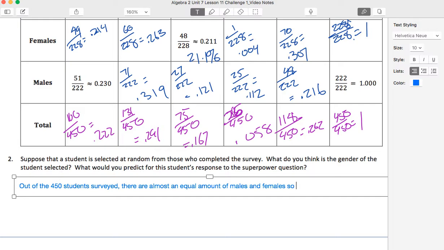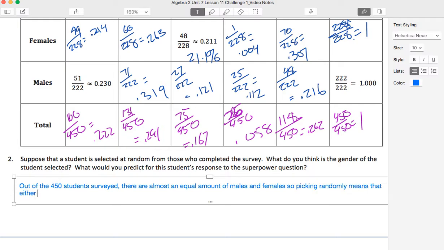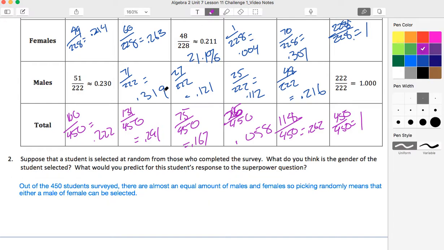So picking randomly, either a male or female can be selected. Okay, what would you predict for this student's response? Because it could be a male or a female, let's just take a look at the total numbers here, these conditional frequencies, or this marginal frequency down here, based off of the condition.